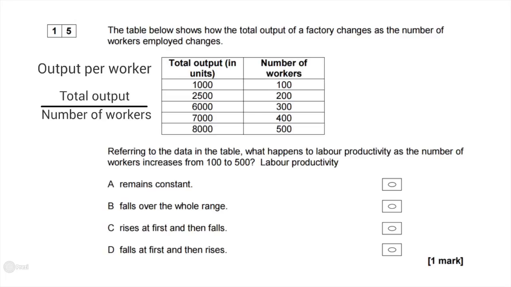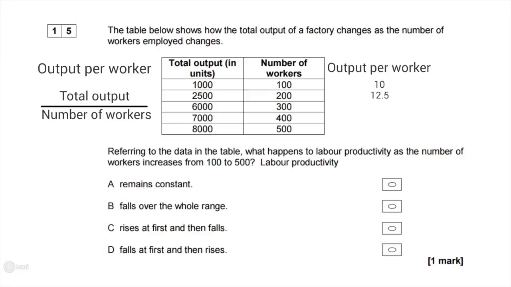So we see that for 100 workers we produce 1,000 units. So we do 1,000 units divided by 100, which gives an output per worker of 10. We do the same for 2,500 units, or 200 workers. So it's 2,500 divided by 200, which is 12.5, which is an increase. Then we look at when we have 300 workers.